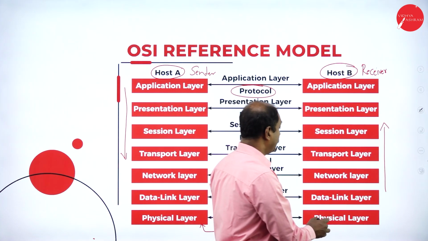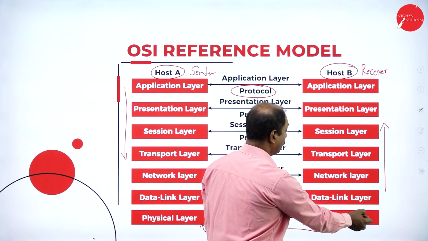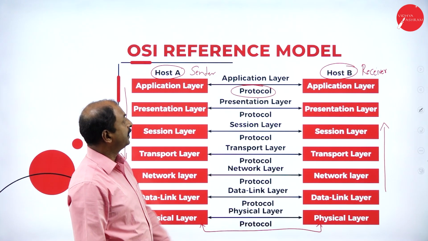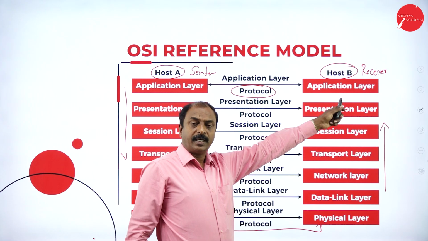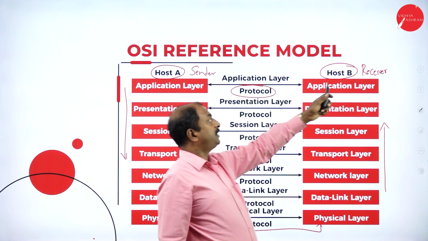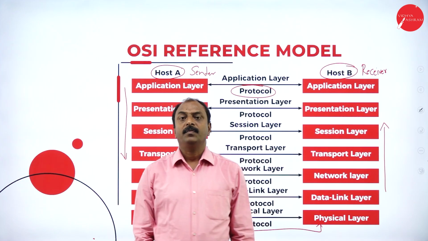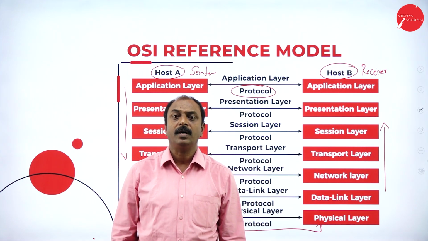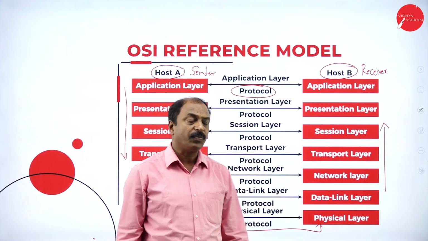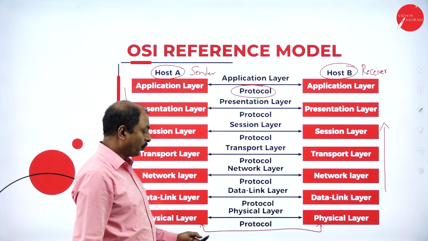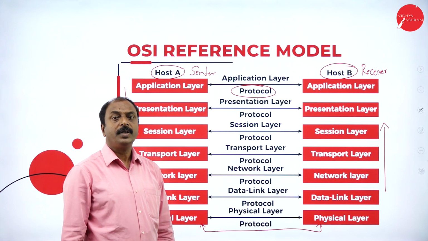At the receiver computer, the data moves from the physical layer towards the application layer. So the data sent from host A reaches host B without any changes, in the same format in which it was sent. So this is the OSI reference model of networking.